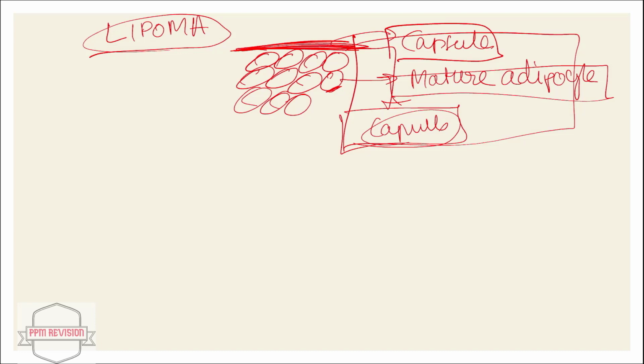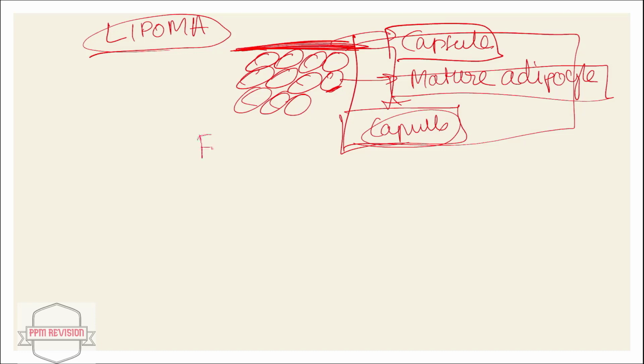Now a few points: fibrous capsule with septa containing blood vessels, masses of proliferating fat cells separated from one another by fibrous septa underlying the capsule.